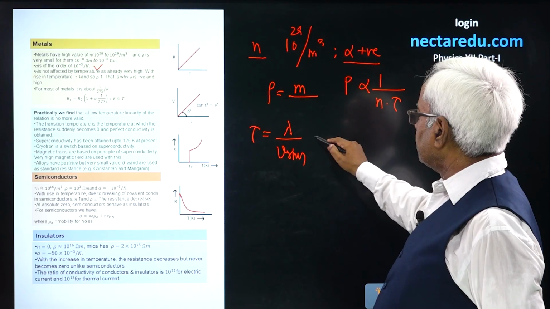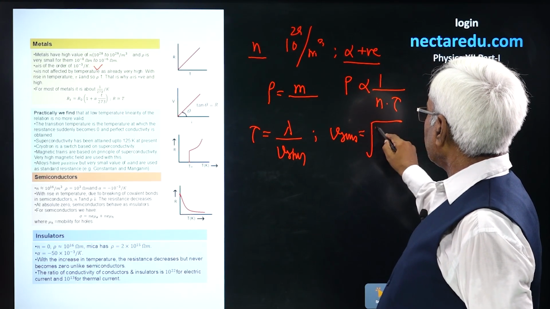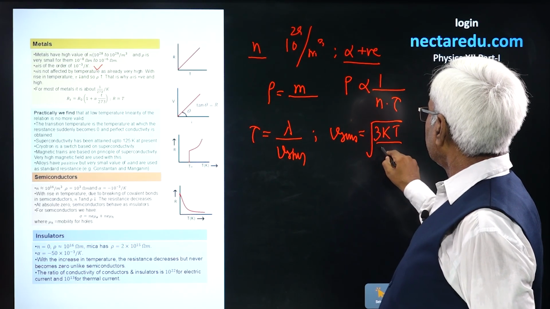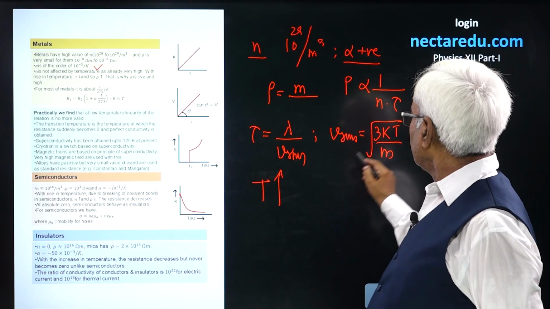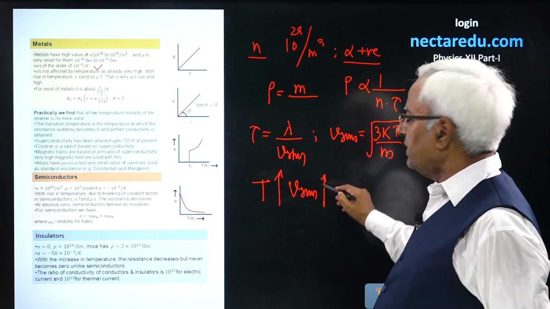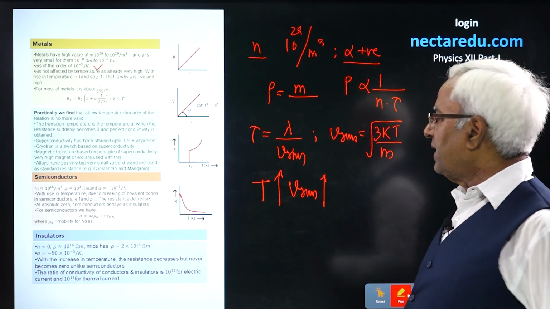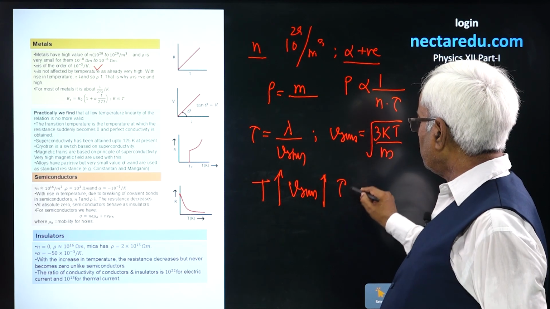When we increase the temperature, according to the relation root 3kT by m, the RMS velocity of free electrons will increase. And when the RMS velocity increases, tau is going to decrease.